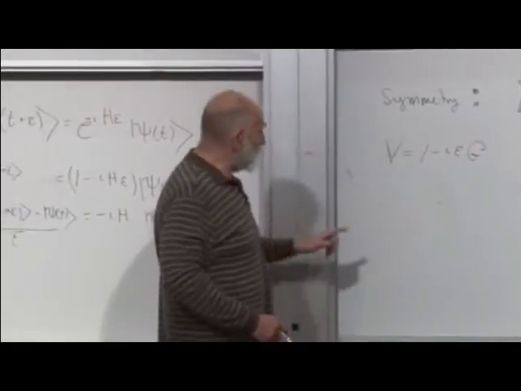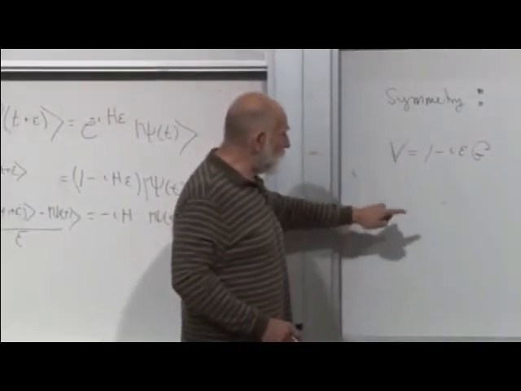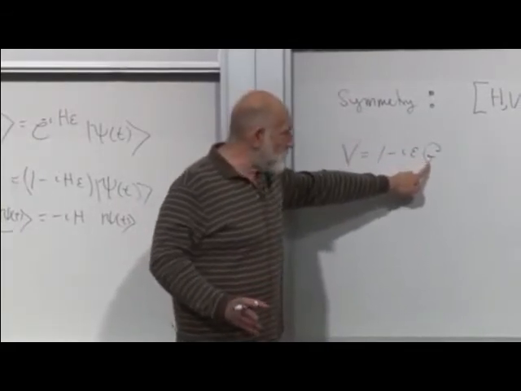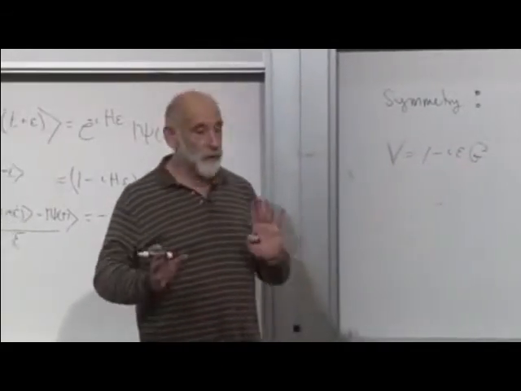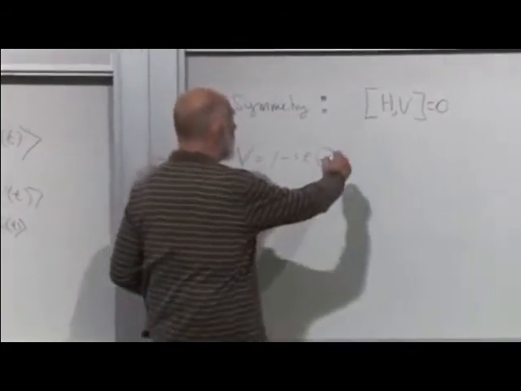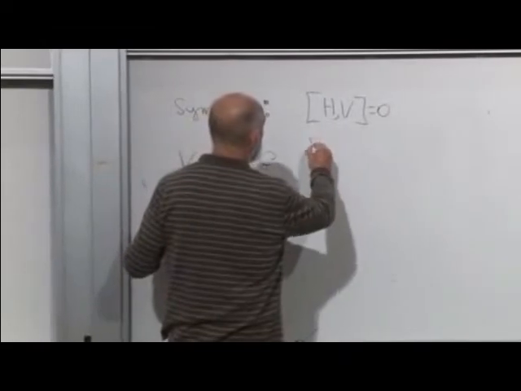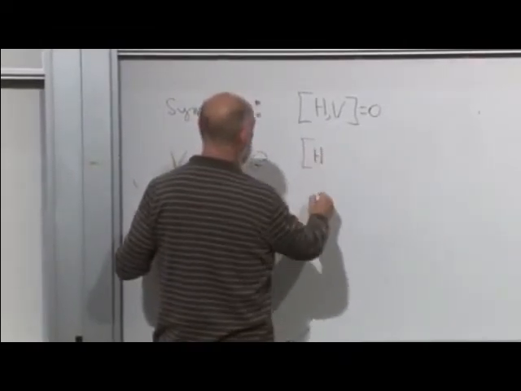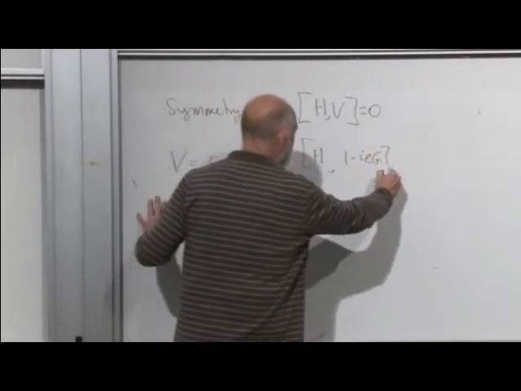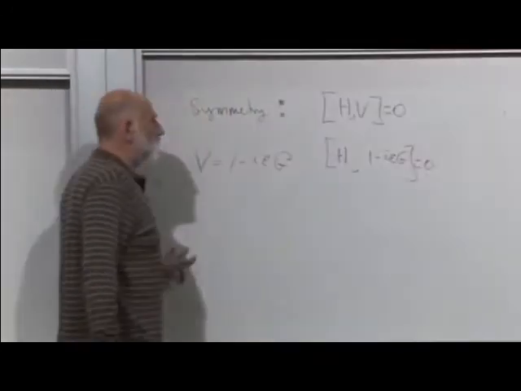Symmetry operations, which are continuous, can be represented in terms of infinitesimal transformations which are generated by a generator G. And if we plug this into here, and we then write the commutator of H with 1 minus i epsilon G is equal to 0, what does that say?